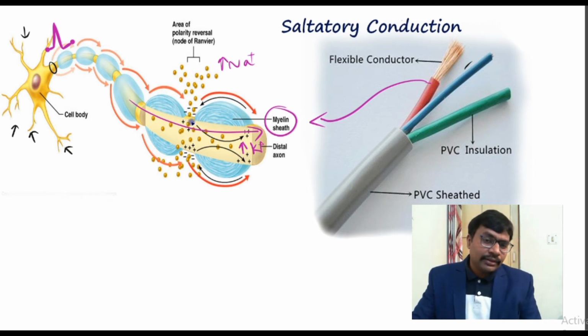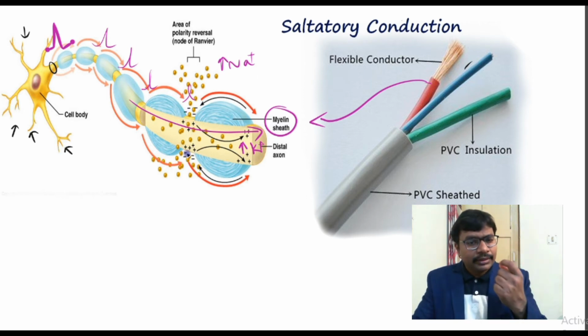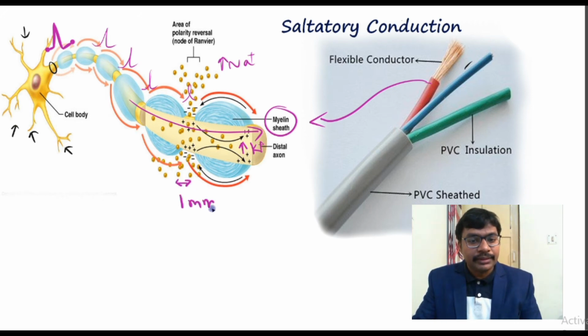As the action potential is generated at the beginning, it has to propagate all the way towards the end of the neuron. In order to propagate, it has to generate the action potential here, and here, at every node of the neuron. There is a tiny gap between nodes, around 1 millimeter apart.